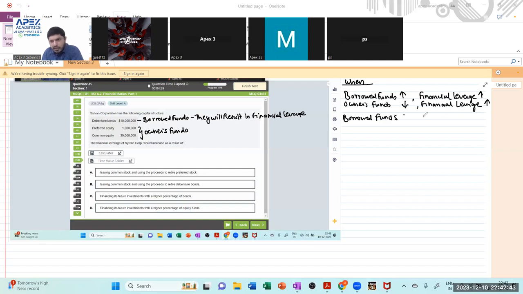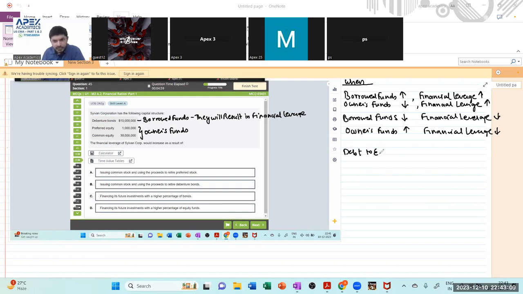When borrowed funds will reduce, financial leverage will reduce. When owners' funds will increase, financial leverage will reduce.